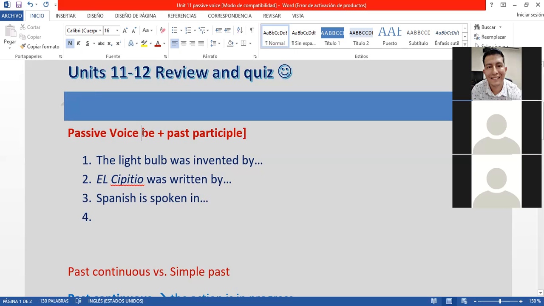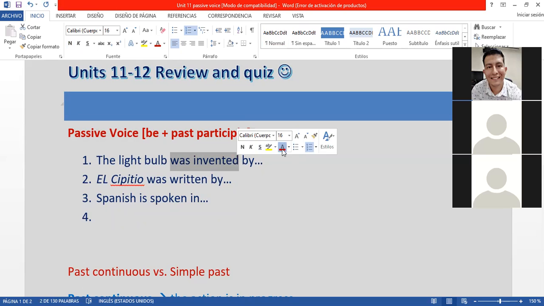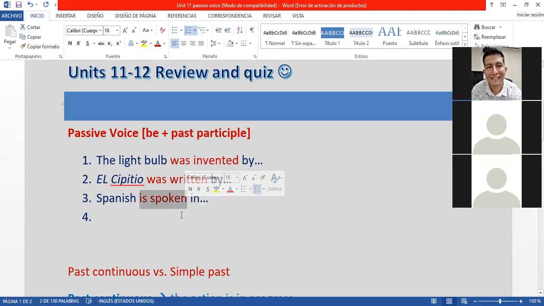In the past, we use was and were. So this is my passive voice. In the past, was invented, was written. In the present, we use is or are. Is spoken.